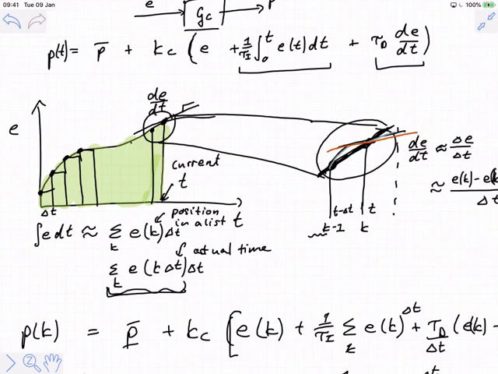It's slightly easier, but you can basically convince yourself that if you were to find dp dt, you'd cancel out that p, or that the derivative of the constant would be 0. You'd get Kc, you'd get dE dt over there, you'd get 1 over tau e, because the derivative of the integral is just the thing itself, and then you'd get a second derivative over here.